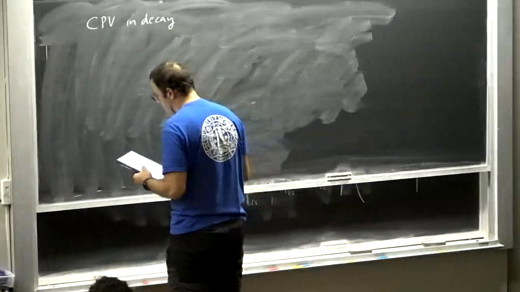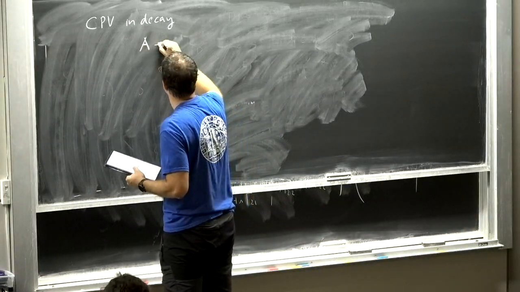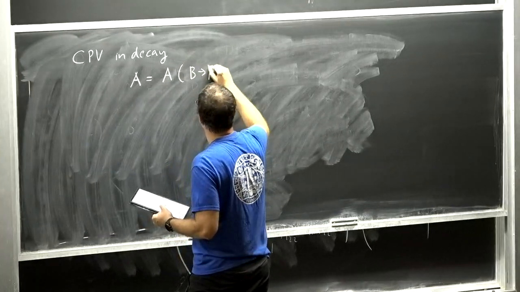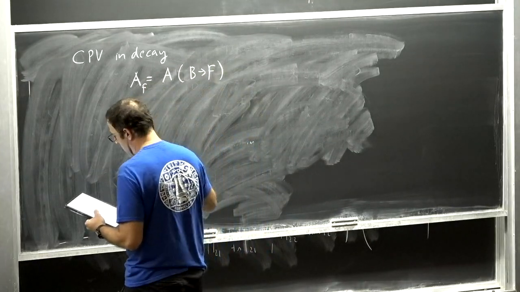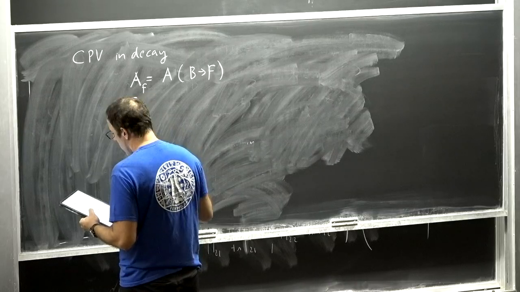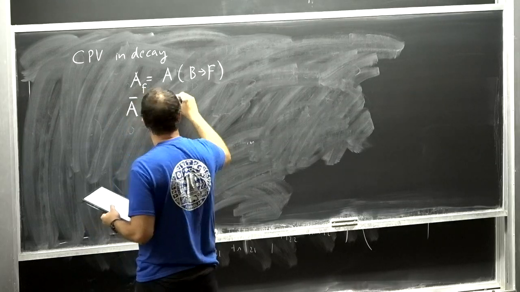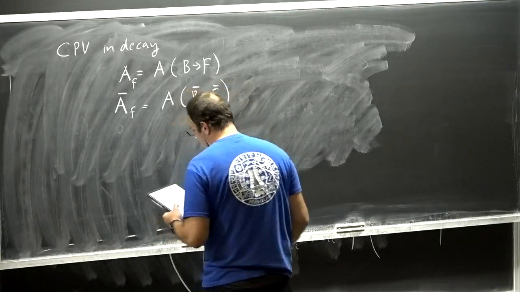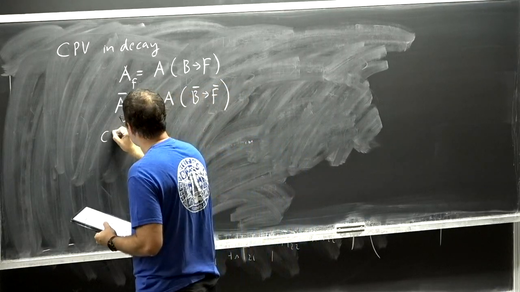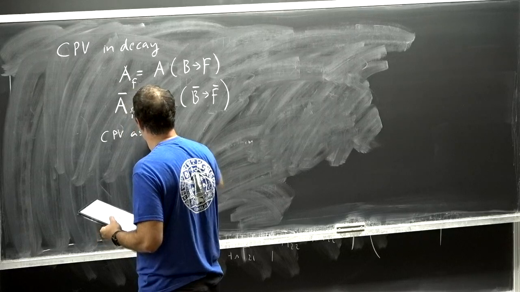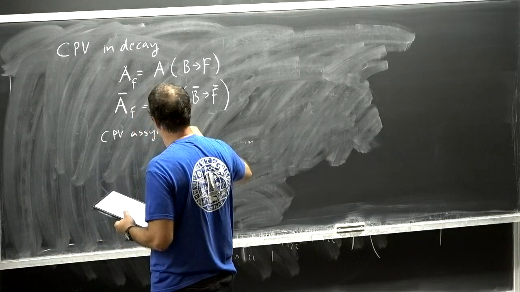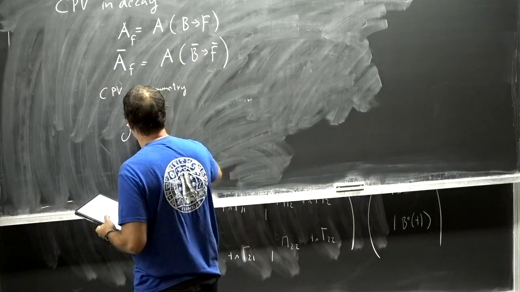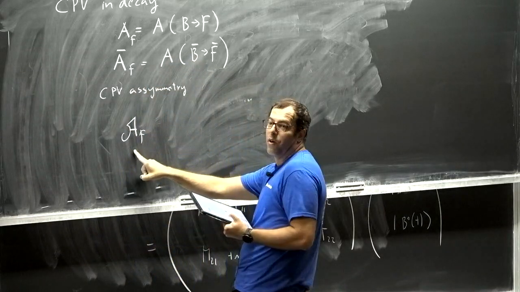All right, CP violation in the decay. So I said, let's define this is the amplitude of B goes to F, call it A_F. A bar_F, I called the amplitude of B bar goes to F bar. The asymmetry, so different font.